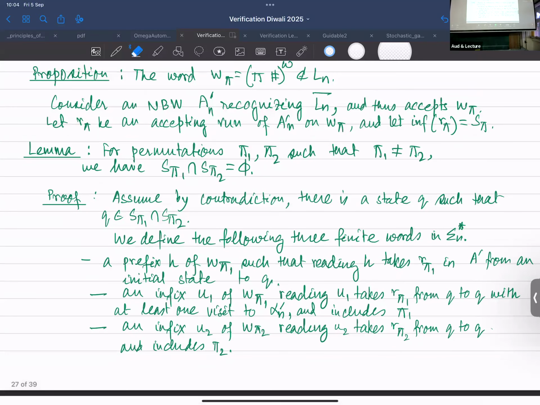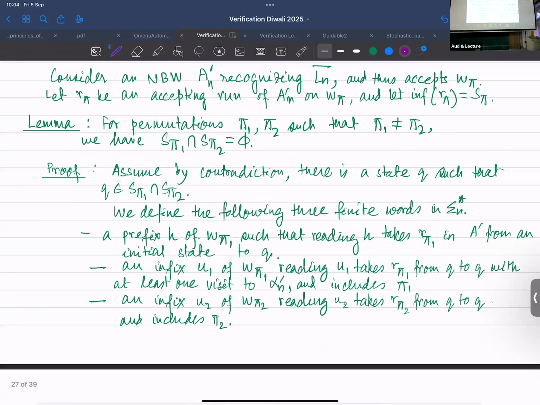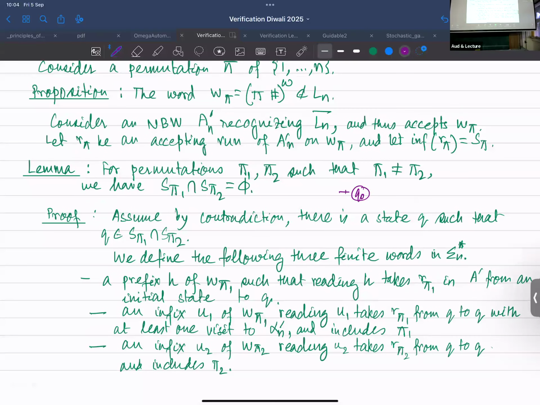Right. So we prove by contradiction. Assume by way of contradiction that there is a state Q which belongs to both S pi 1 and S pi 2, that is, the intersection of S pi 1 and S pi 2.